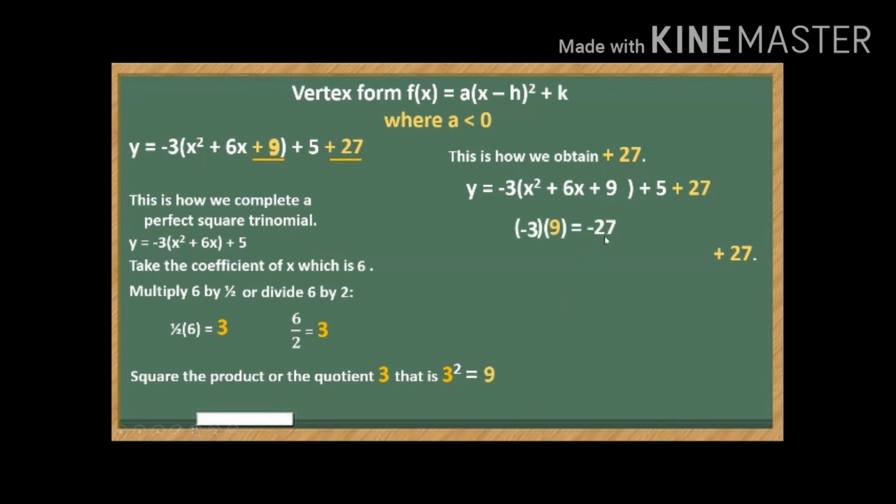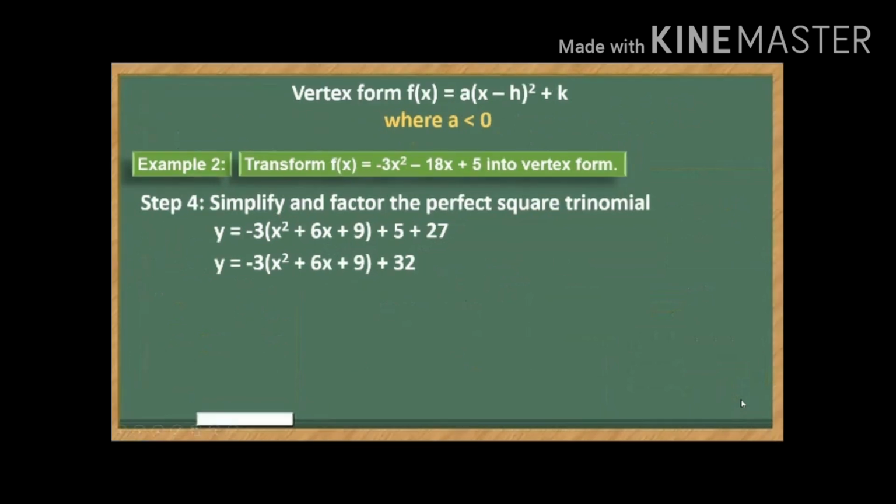Multiply, and the product is negative 27. Now let us take the opposite of negative 27, and that is positive 27. That is what we're going to add here. So we have here plus 27. That's why we have this expression.